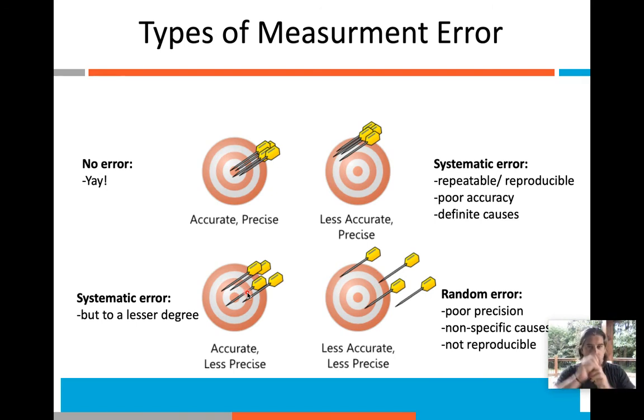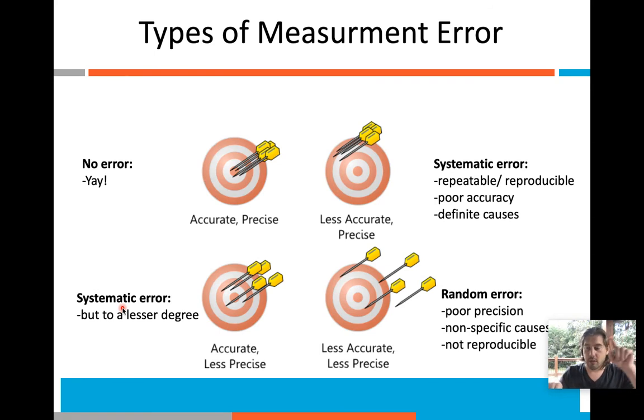So we're not precise, right? We don't have good reliability. Our measurements kind of jump around all over the place, but we kind of coalesce into accuracy. Now, we can't really say that we have good validity here because we still have some systematic error, right?